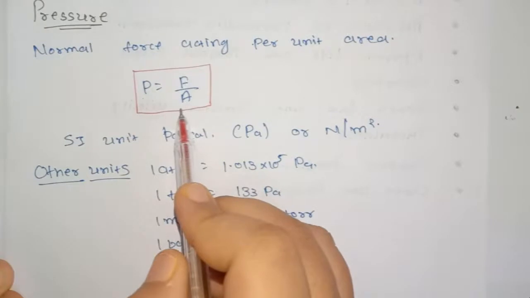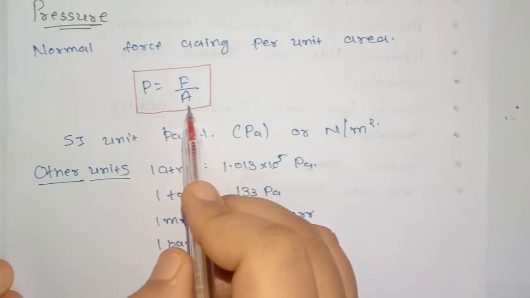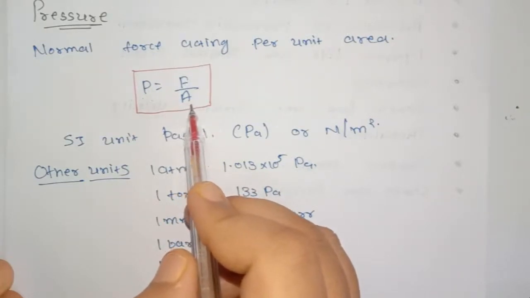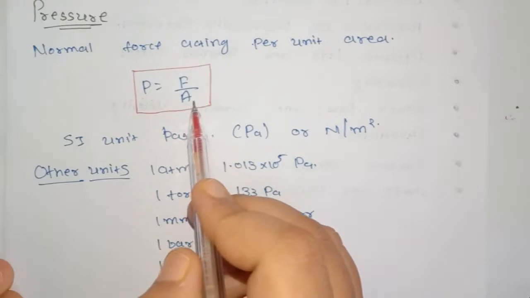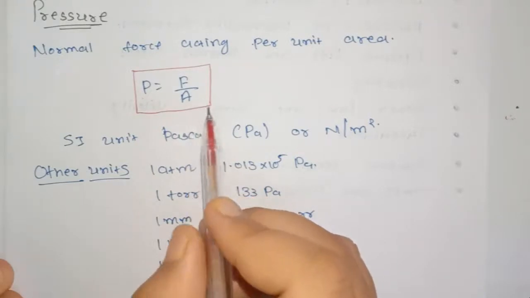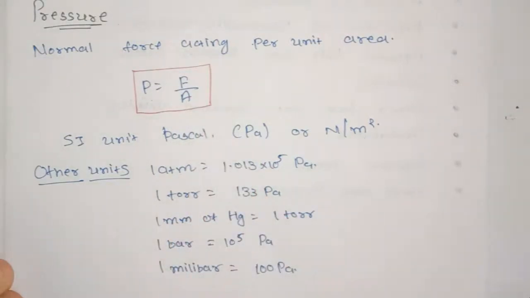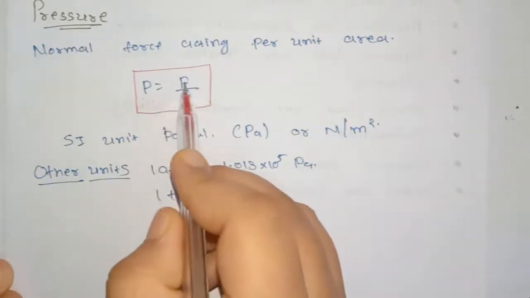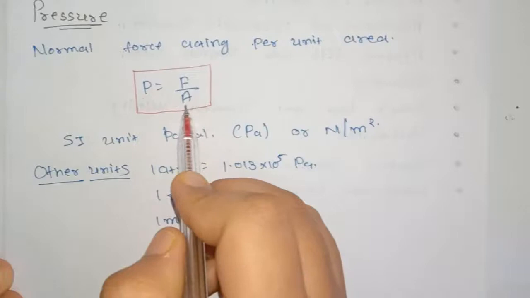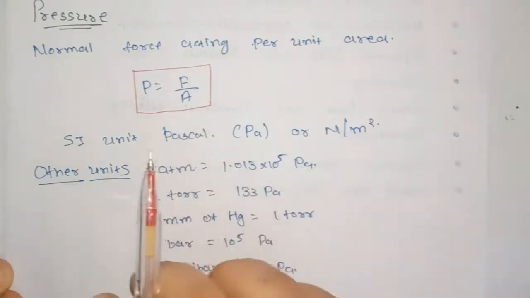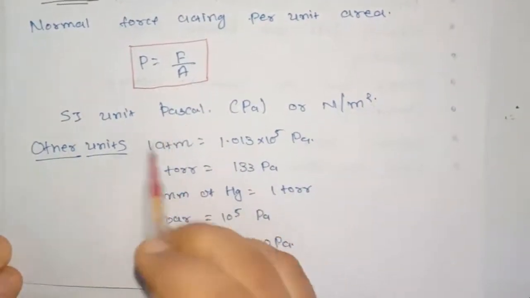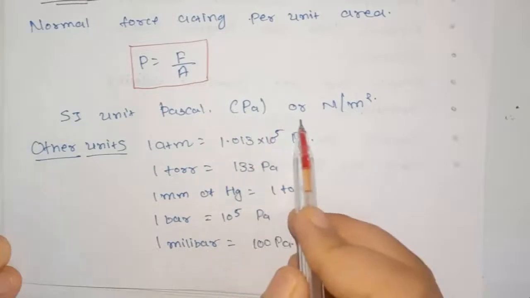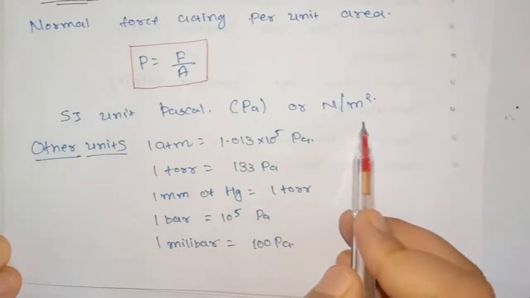The excess area of contact decreases the impact of force. This brings in the picture the concept of pressure. The pressure is equal to force upon area. The SI unit of pressure is Pascal or Newton per meter square.